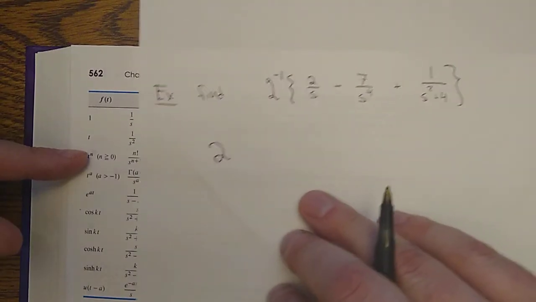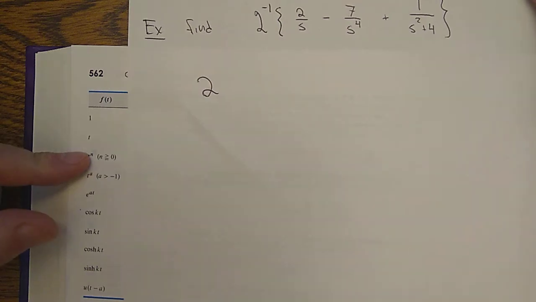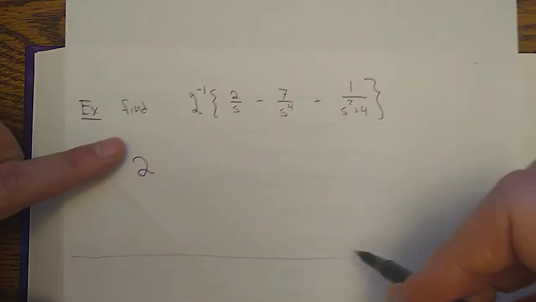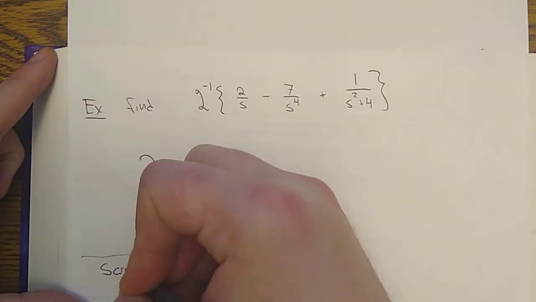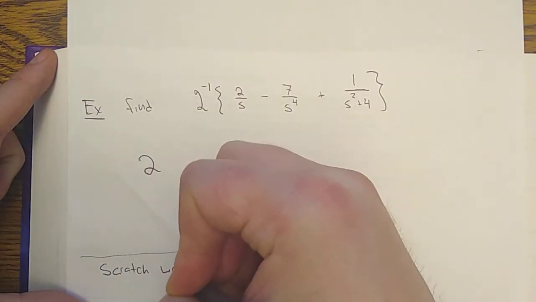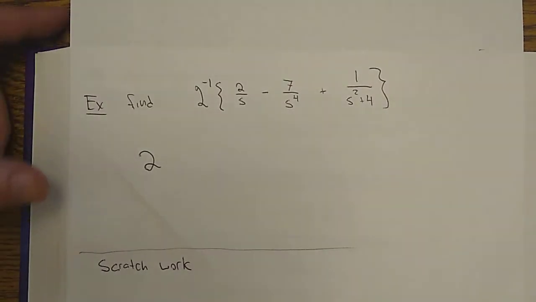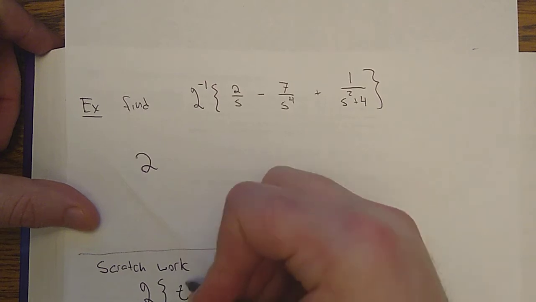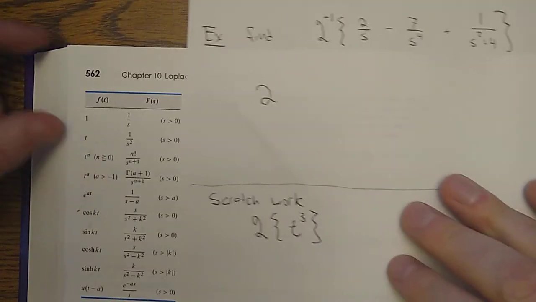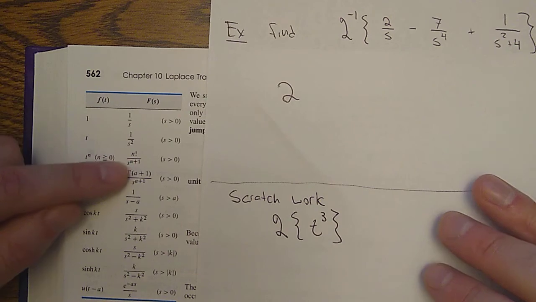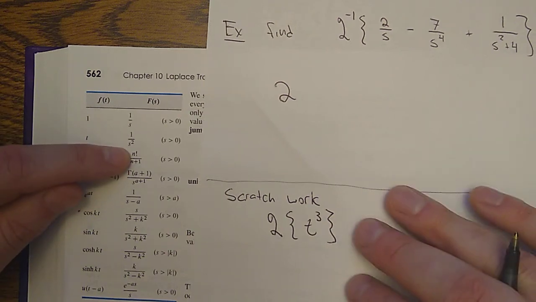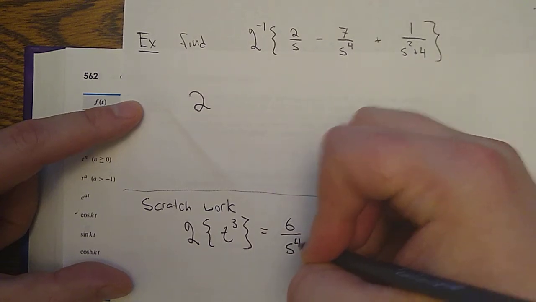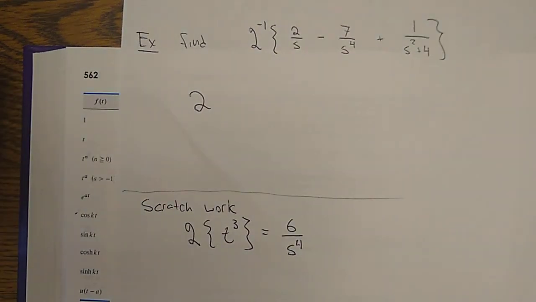So, some scratch work here: the Laplace transform of t cubed, according to this rule, would be 3 factorial, so 6 over s to the 4th, right?